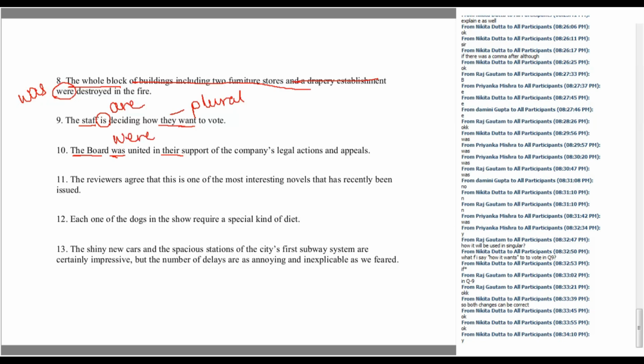The board were united in their support of the company's legal actions and appeals. Are you getting this? Or what I can do is, I can say the board was united in its support of the company's legal actions and appeals. Both ways it will work. Both ways.